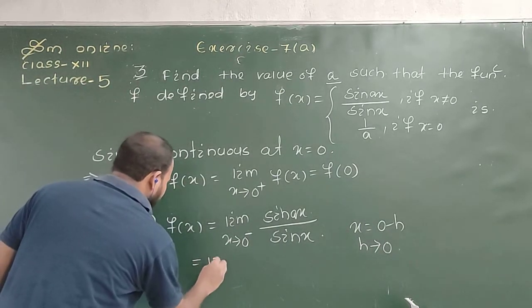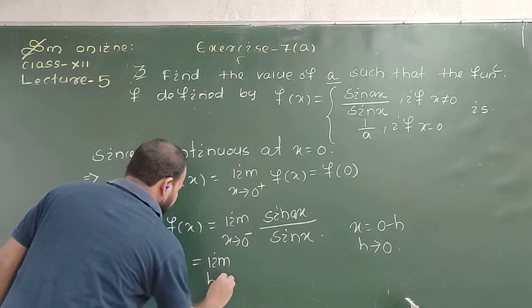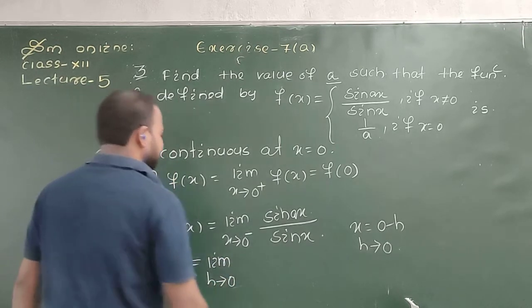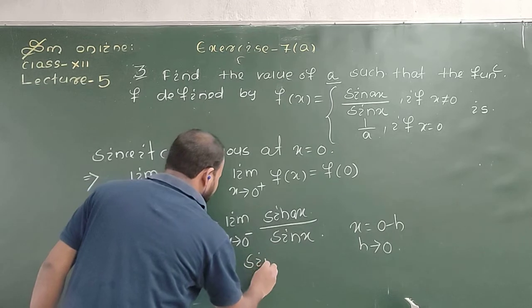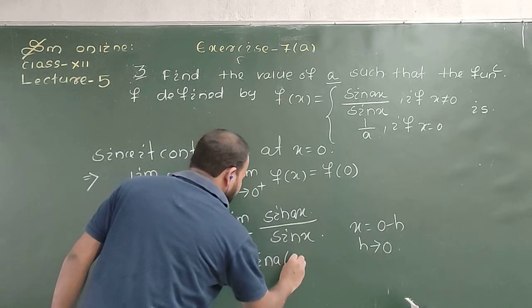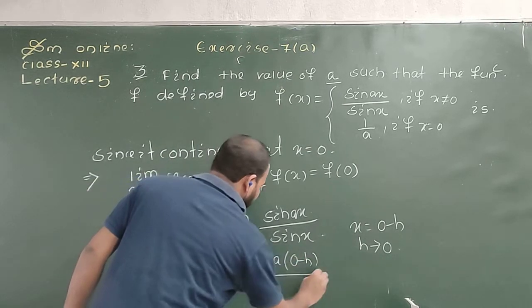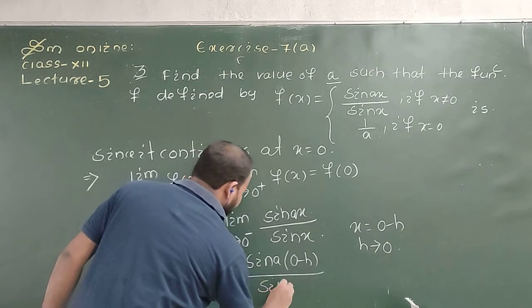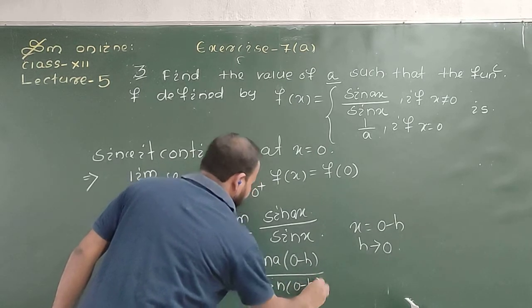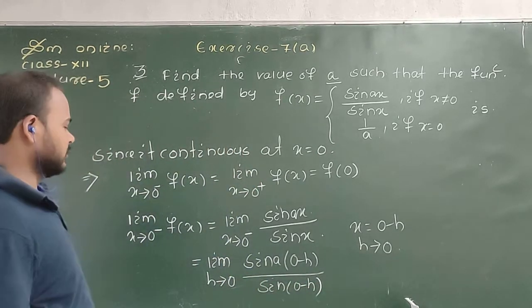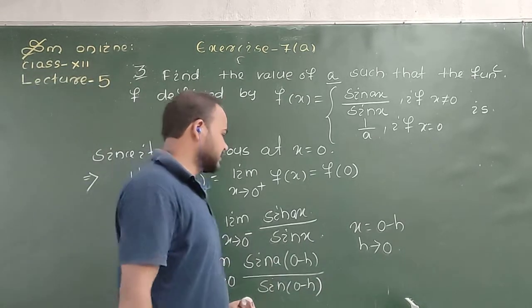So it equals limit h tends to 0 sin a into 0 minus h upon sin of 0 minus h. So we have to simplify this.